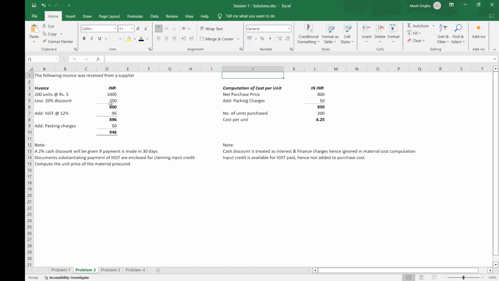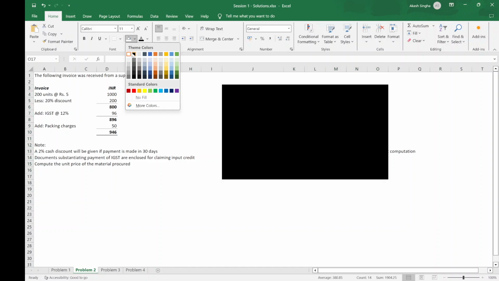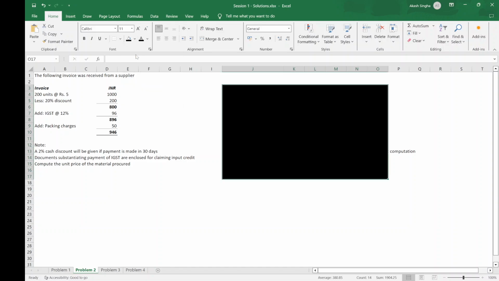Problem two. So we want to look at this. Now 200 units, 1,000 rupees, 20% discount, 200. 800 is the effective cost.